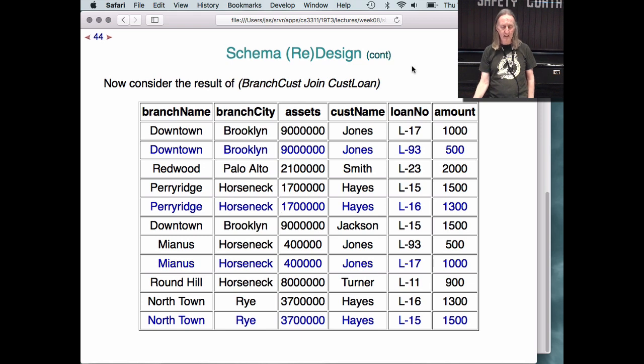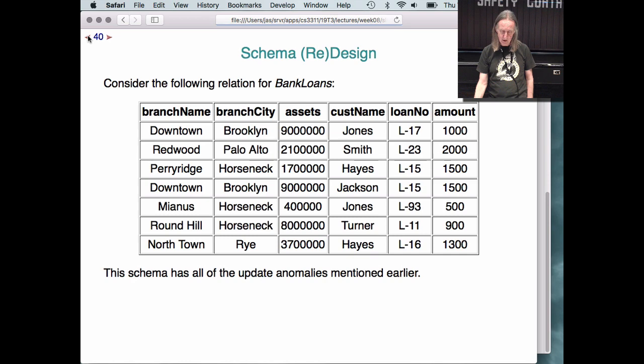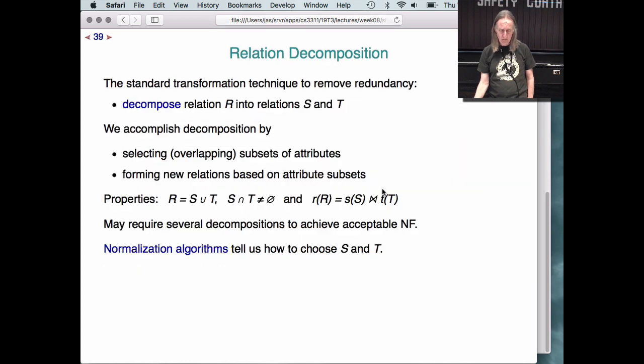Okay, that's clearly not what we want. The original description of what we wanted was that if we take the 2 subtables and join them, we should end up with the original table.